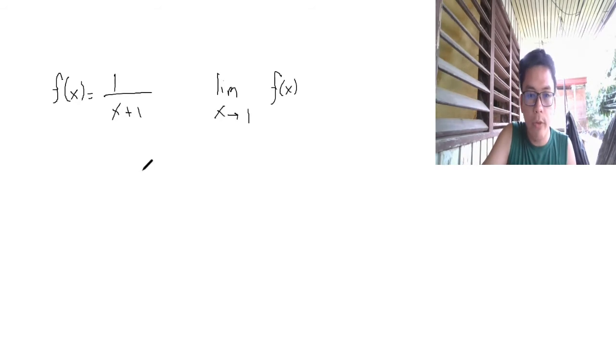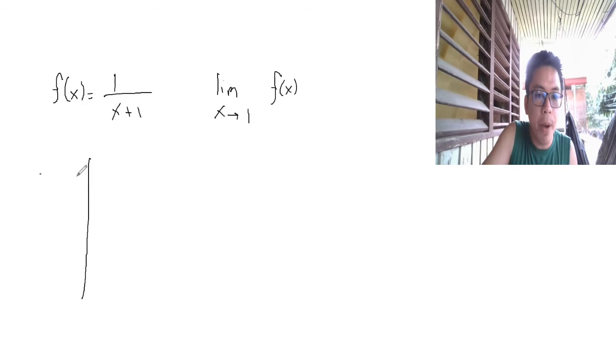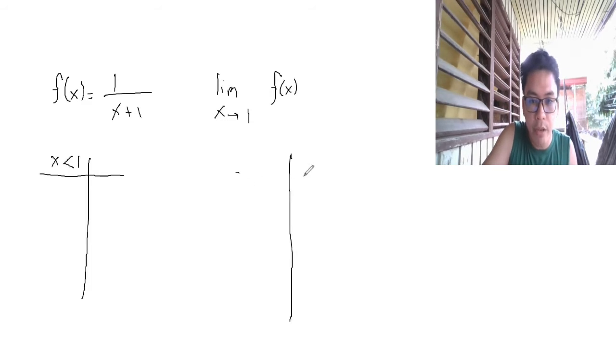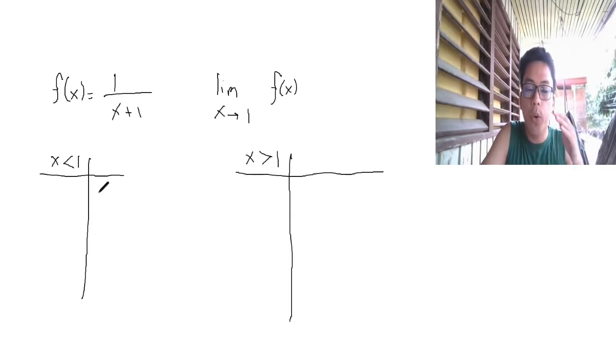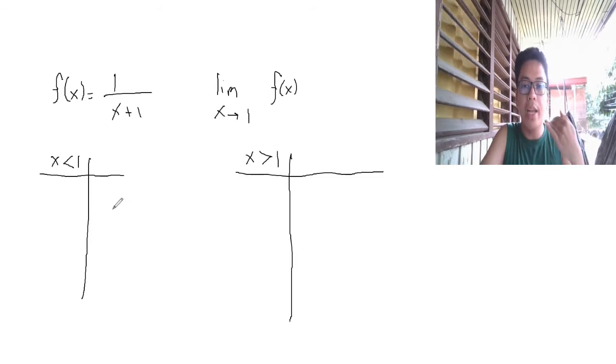To be very clear, let's create a table with the corresponding values of x that are less than 1, and another table with the values of x that are greater than 1. We're not talking about the value of x equal to 1. We're only taking those that are less than or greater than 1.